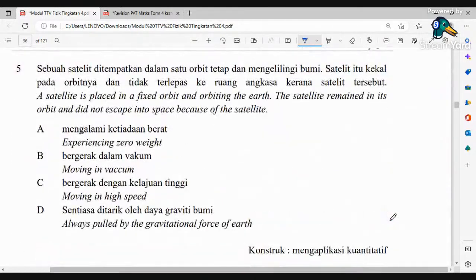Number 5, a satellite is placed in a fixed orbit, orbiting the Earth.